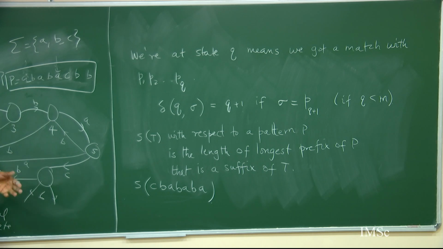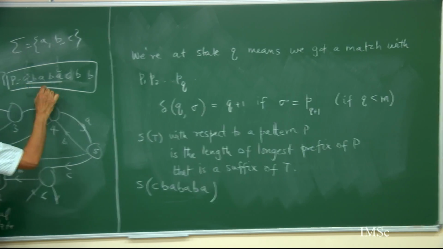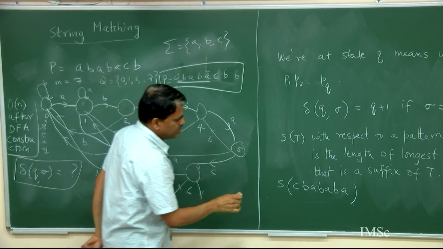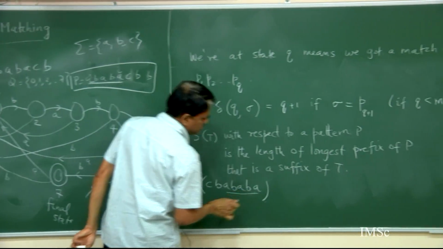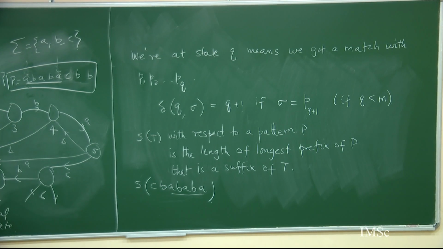It is the length of the longest prefix of P which also happens to be a suffix of that text. So it is 5, right, because ABABA is the longest prefix that also happens to be a suffix of this, right.